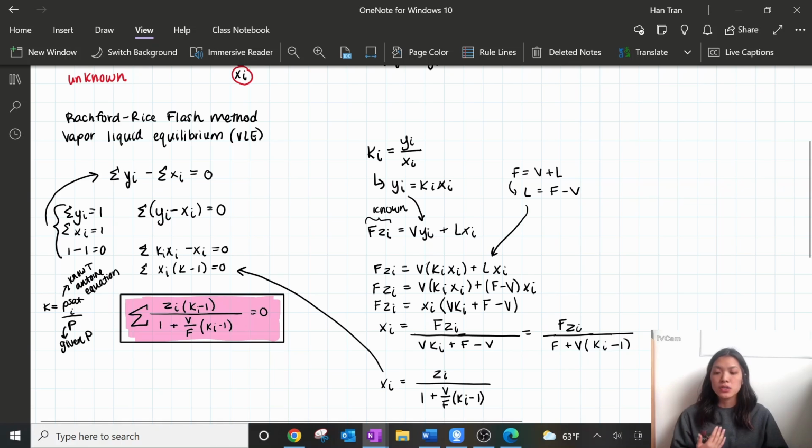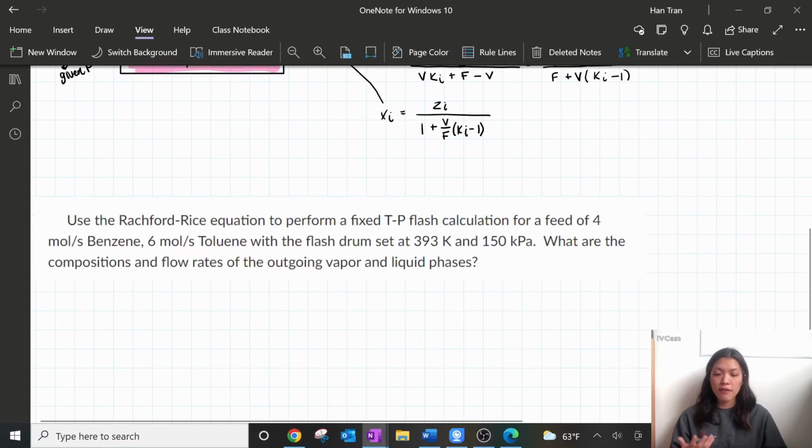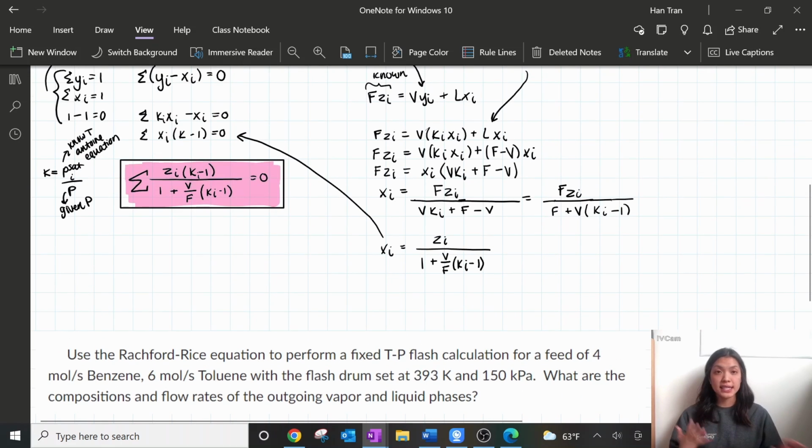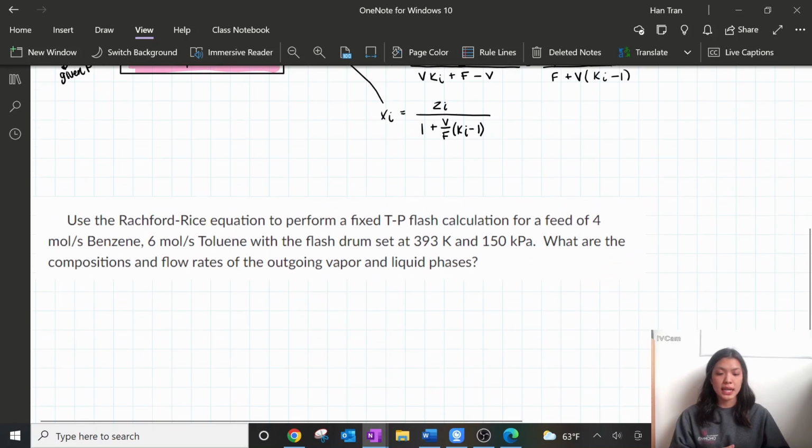We have a problem where we are given a set temperature of 393 kelvins and a set pressure of 150 kilopascals.